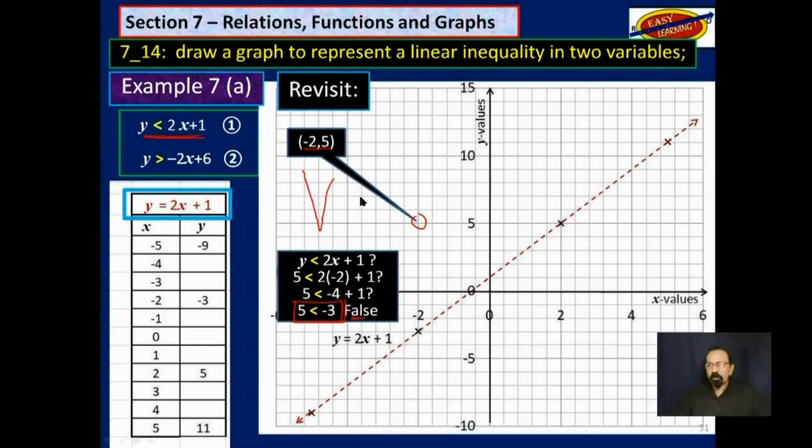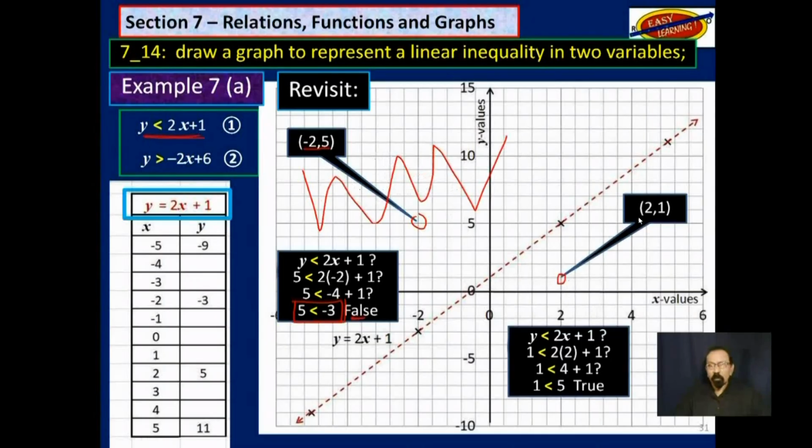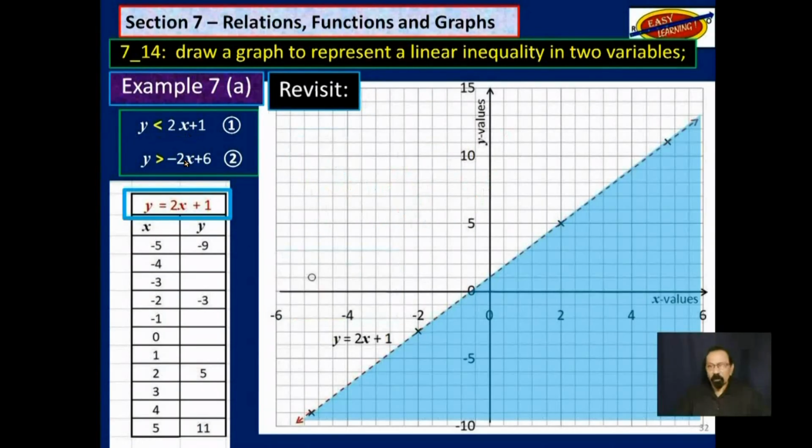So we will not use that side over there. Let's try the next side. 2 and 1. When we substitute that in the inequality, we get 1 is less than 5. That is true. So we will shade this section to show the region that satisfies that inequality. So it will look like this. y is less than 2x plus 1.